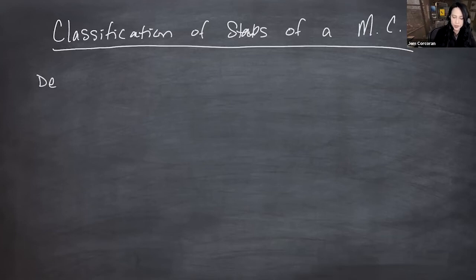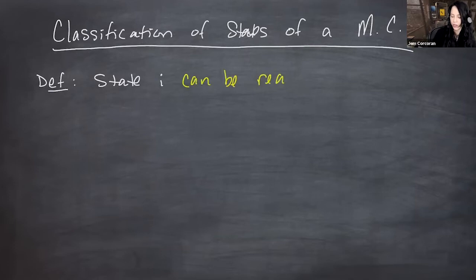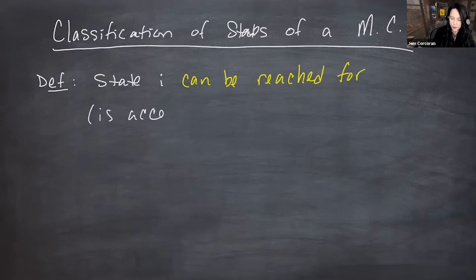So the first definition is, we say that state I can be reached from, or another way we say this is accessible from.